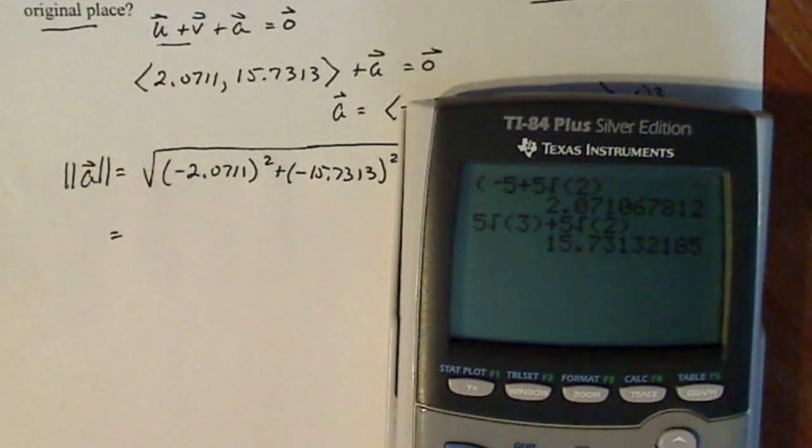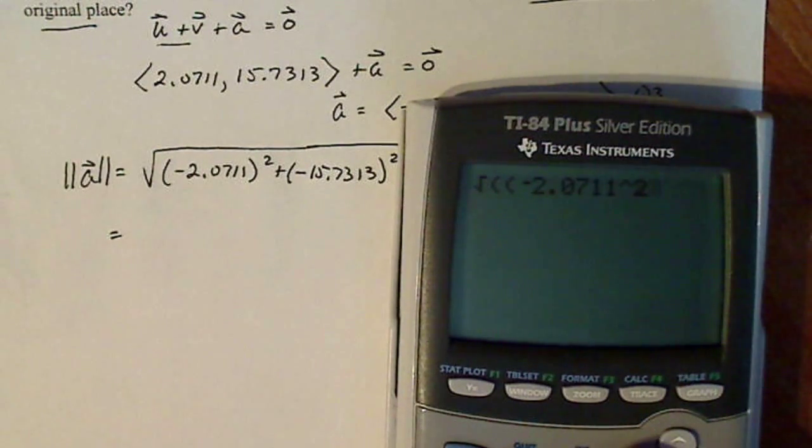So if I do the magnitude, second square root, negative 2.0711 squared. Well, let's do the parentheses in here and then square it. Plus negative 15.7313 squared.